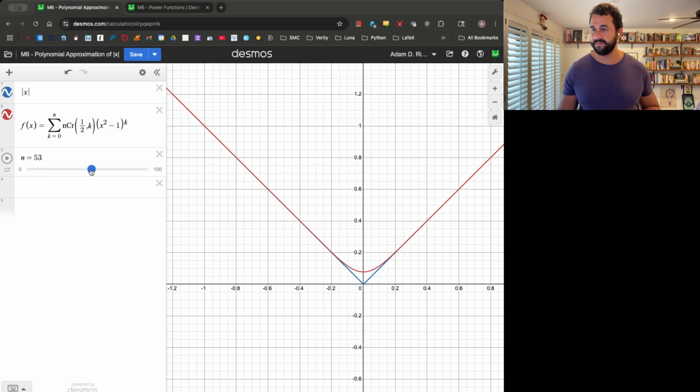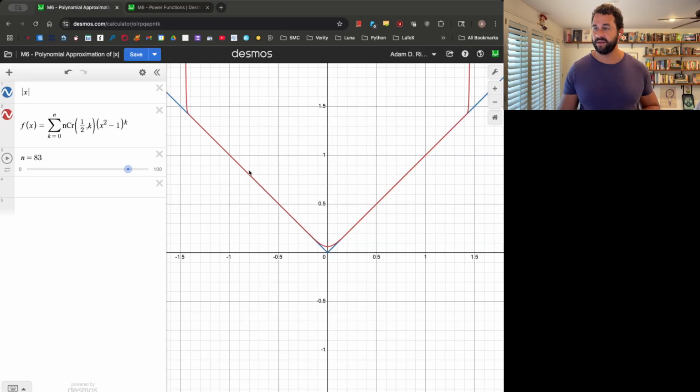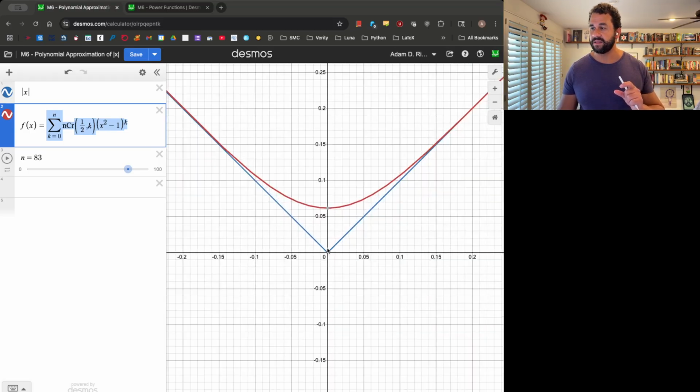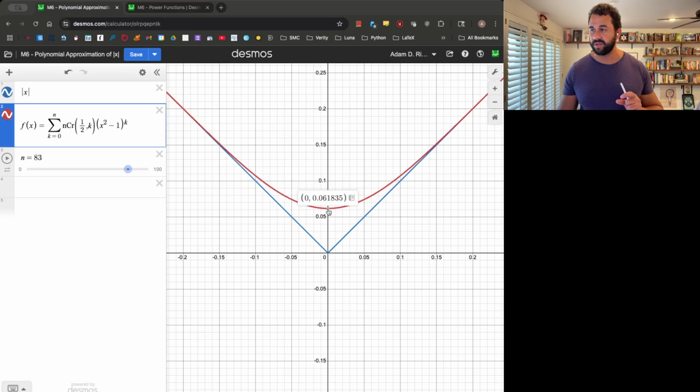Ooh, you see? This is the Weierstrass Approximation Theorem in action. What it's saying is, hey, guess what? This function, the absolute value function, if you don't want to work with it, you could instead work with this polynomial of degree 166, and it'll be okay. It'll get you what you need as long as you're okay with a little bit of error. The little bit of error is the distance between this point and this point, right?